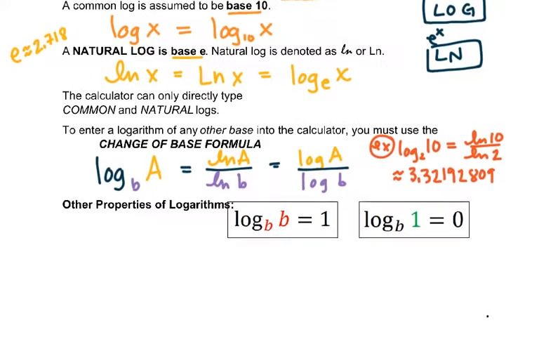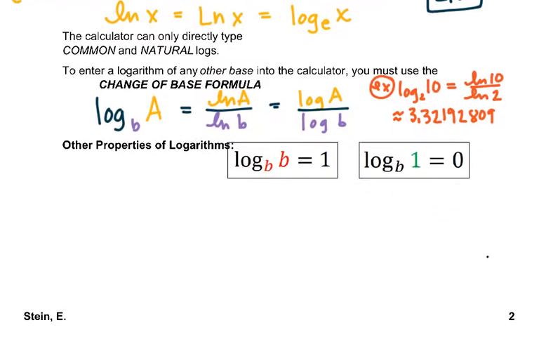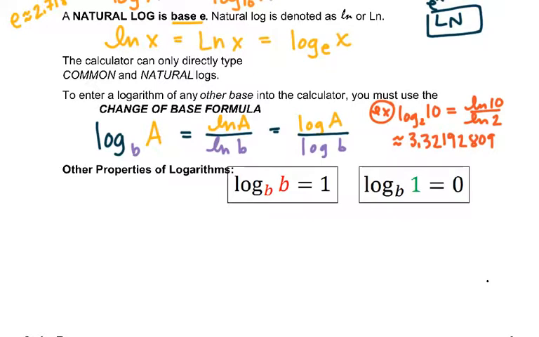And we have two other properties here of logarithms that we're going to talk about. So the first property here, we have the same base and the same argument. And whenever the base and the argument are the same, the logarithm is going to equal 1. Some examples of this: log base 2 of 2 would equal 1.